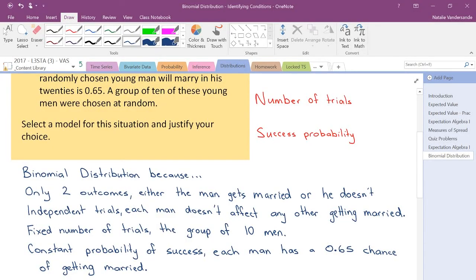Each man has a 0.65 chance of getting married. So now we have the 4 conditions in the context of the question.